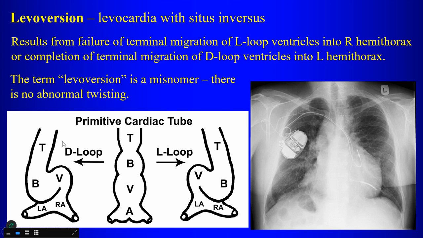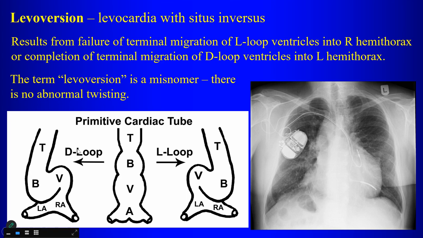And discordant cardiac loops would also have what regarding the ventricular arterial connections? Discordant cardiac loops have transposition, right. So you will have atrioventricular discordance and ventricular arterial discordance. We call that whole thing congenitally corrected transposition, right.